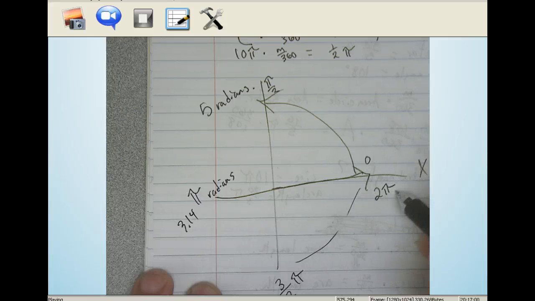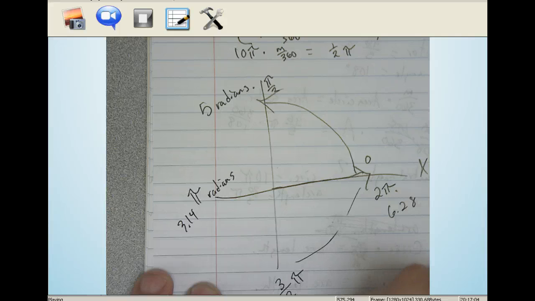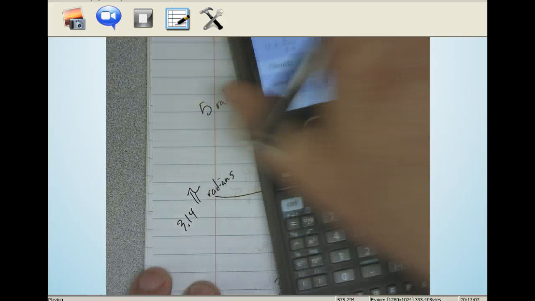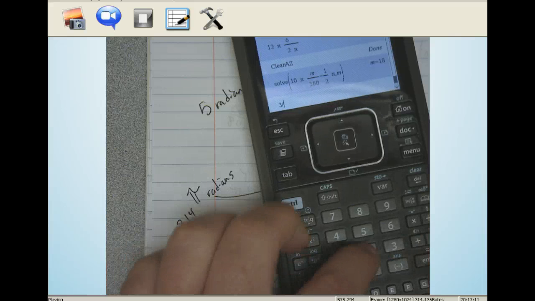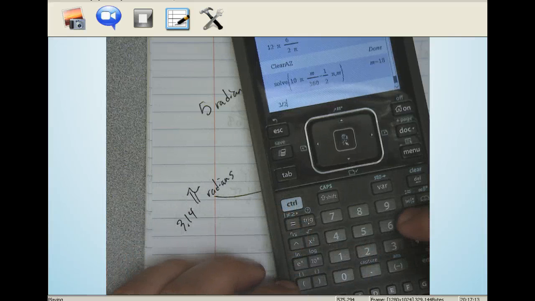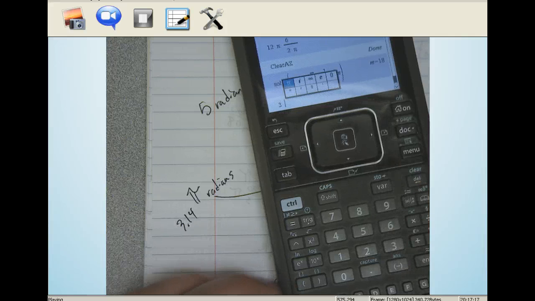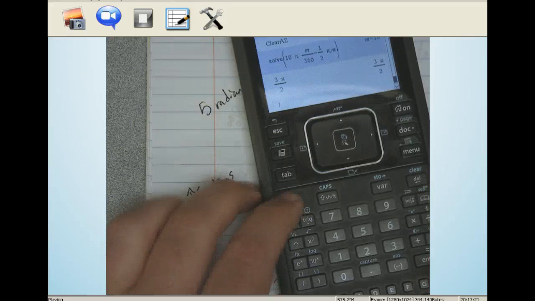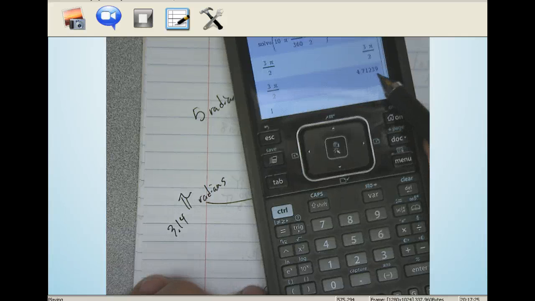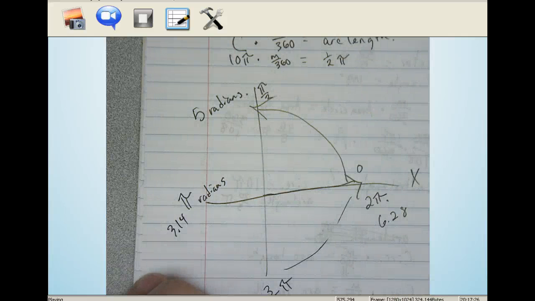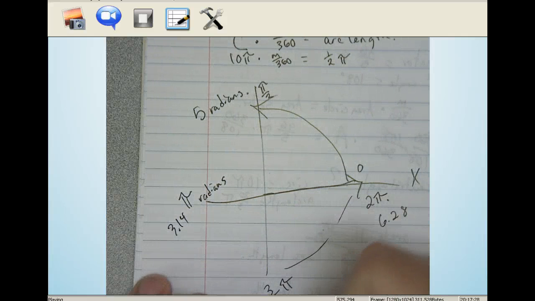Well, 2 pi radians is 6.28, and 3 halves pi, I believe, is approximately 4.71, but let's just do 3 times pi divided by 2. There's 3 halves pi, and it is less than 5 radians. It is 4.71. So we know we're going to pass 4.71.